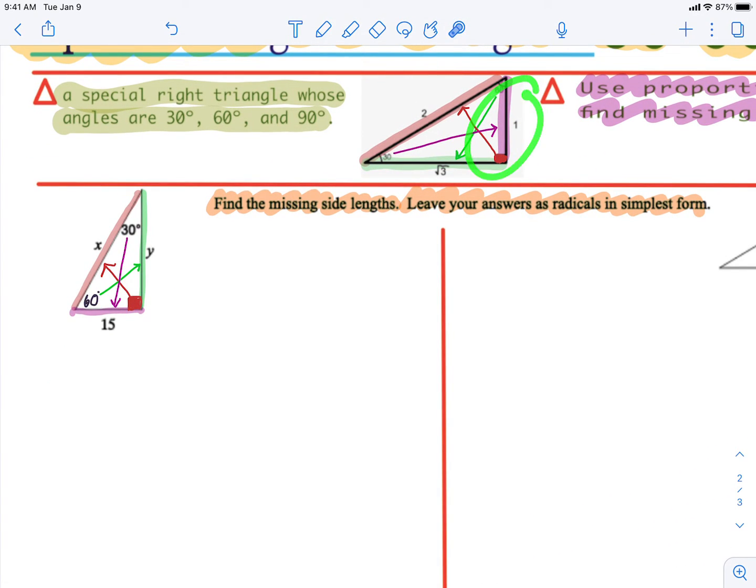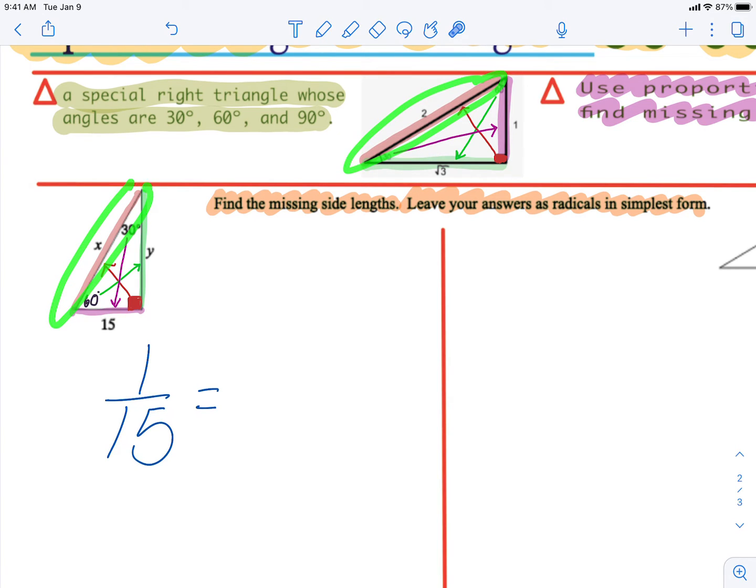So I say purple goes with purple: 1 over 15 is equal to, using my hypotenuse, my red, 2 over x. Look at that. 2 over x.